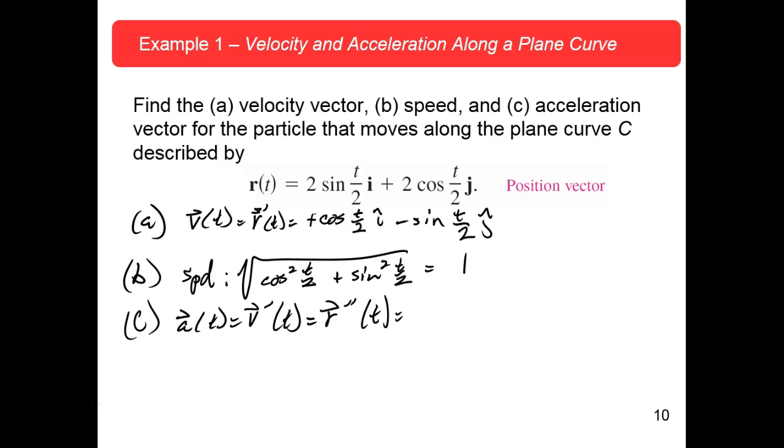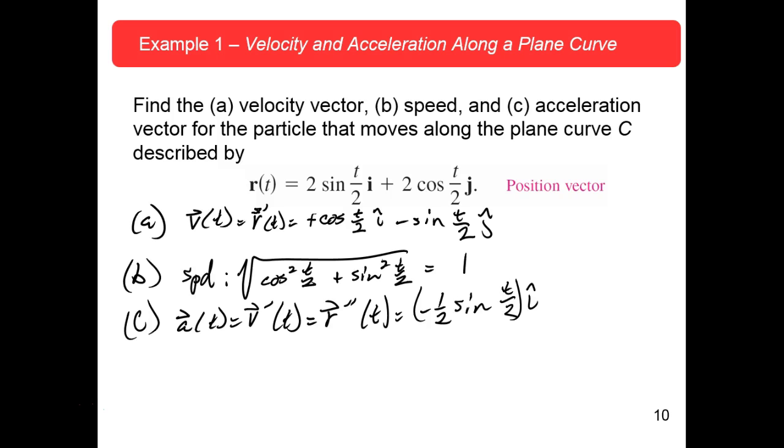What do you get? Negative 1/2 sine, chain rule, of t over 2, i. They didn't put parentheses, but it's getting to be so much stuff in there, I think I do like parentheses.